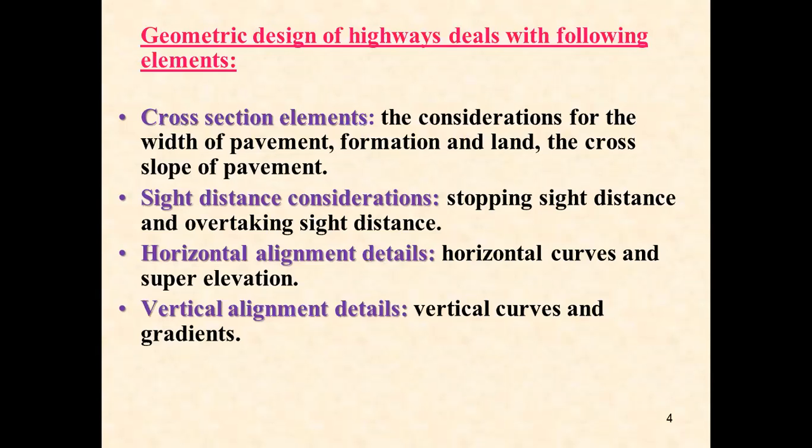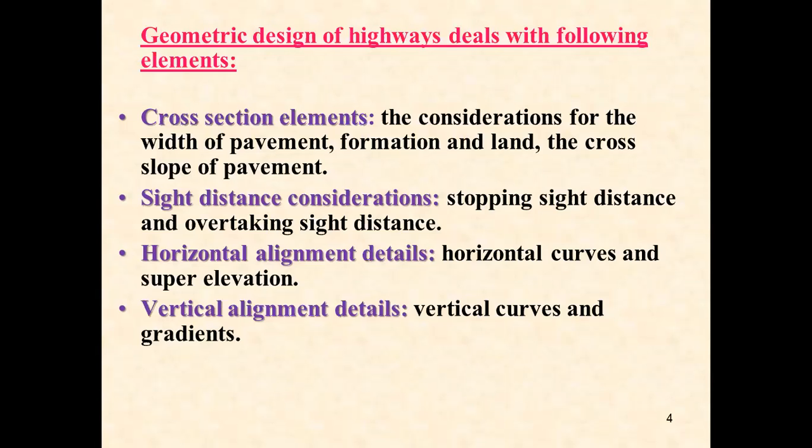Tilting of the vehicle is not going to happen. Designed in such a way, it is called super elevation, meaning the inner edge of the road is at a lower level and the other edge of the road is at a higher elevation. The term itself gives you the meaning.